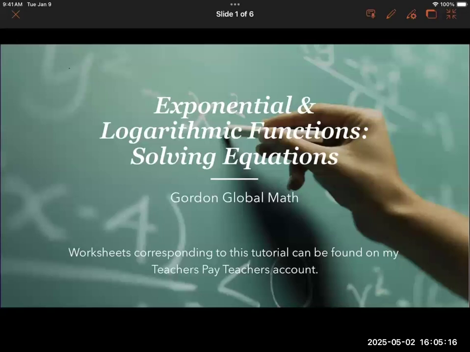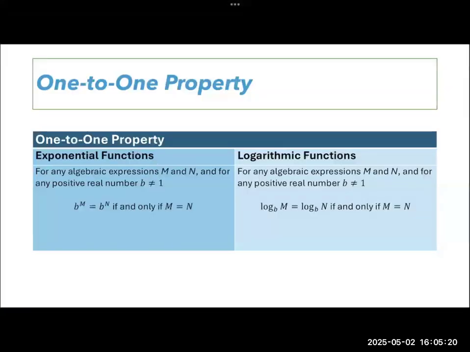So as we consider solving exponential and logarithmic functions, we first want to consider the one-to-one property. The one-to-one property works for both exponential equations or functions and logarithmic equations and functions.